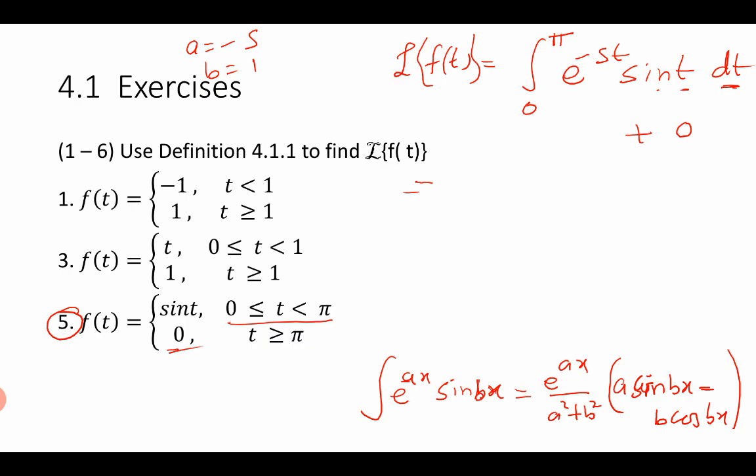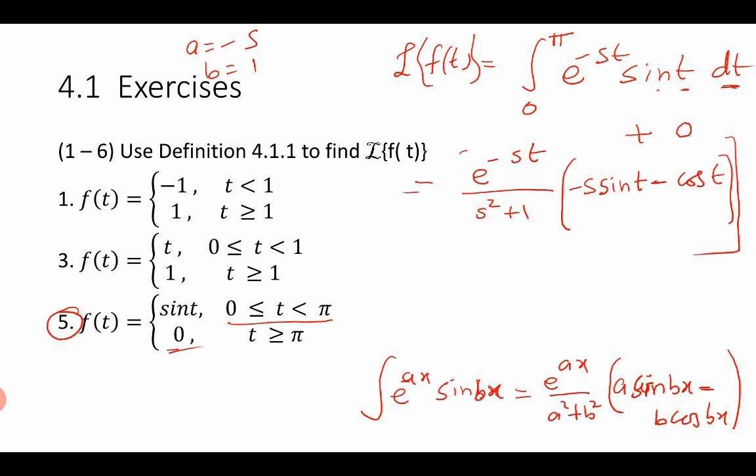So let's use this one: e raised to minus st divided by a square, which is s square plus 1, into a which is minus s, sin t, minus b which is 1, cosine t. Now use the upper and lower limits. This is the integration answer of this function.